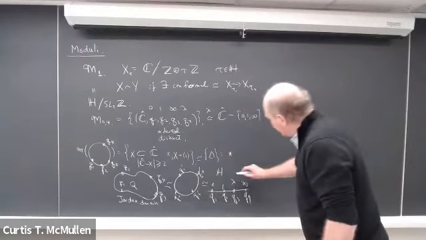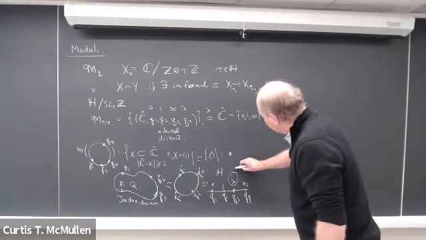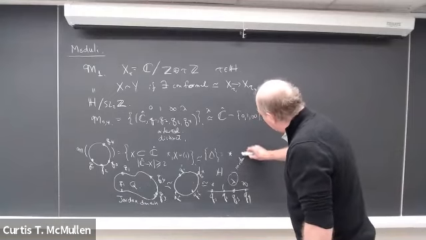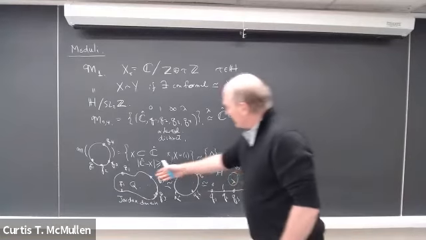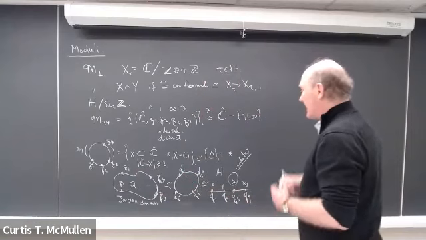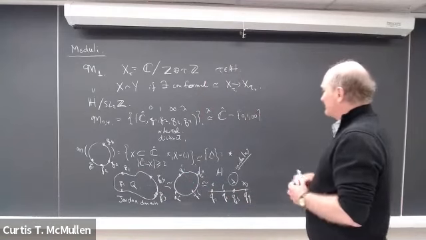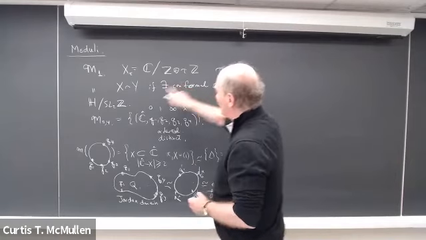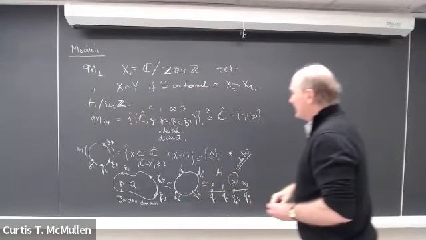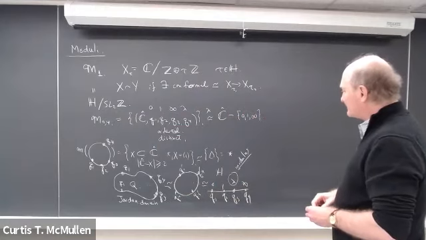So in other words, this lambda is what measures the modulus of the quadrilateral. It's a number which says what the shape is of this object up to conformal isomorphism, as is this lambda here, as is this tau in the upper half plane, provided we take the quotient by SL2Z.